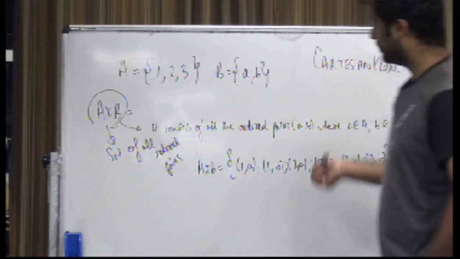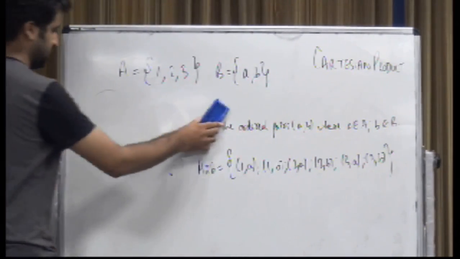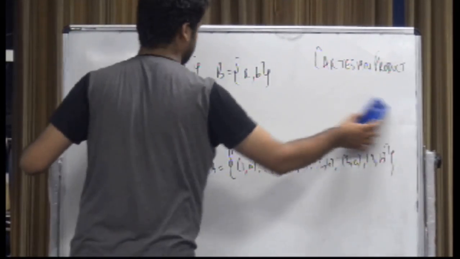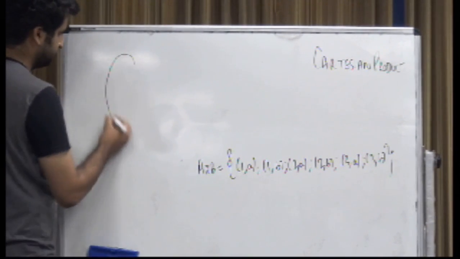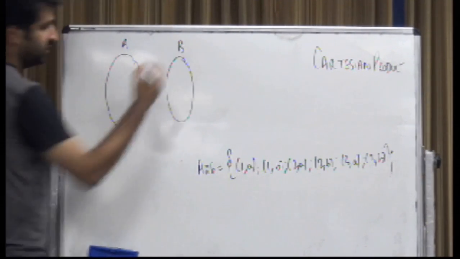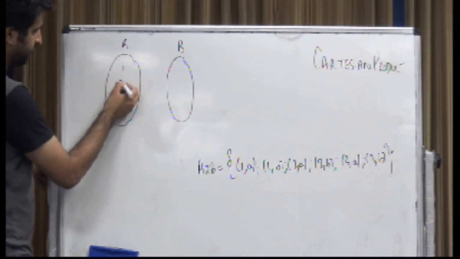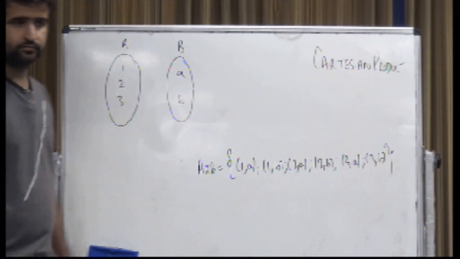We can also show this by mapping. What is this mapping? This is a way in which we represent the sets in oval shapes, and we write down the elements like this. We have 1, 2, 3 and a, b.